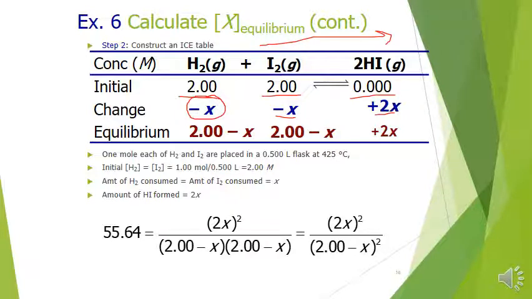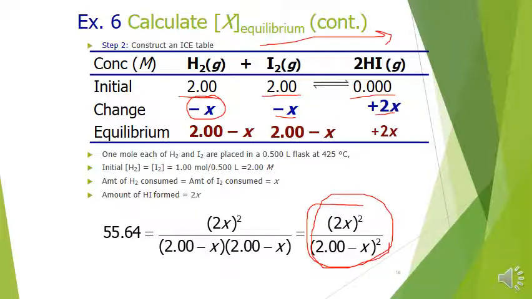All right, so your final concentration is going to be 2.00 minus X for H2, same for I2. And the concentration of HI is going to be 2X. Now, if you plug this into our equilibrium expression, which was HI squared over H2 times I2, so HI squared, 2X squared, over 2 minus X squared, and you get this right here.